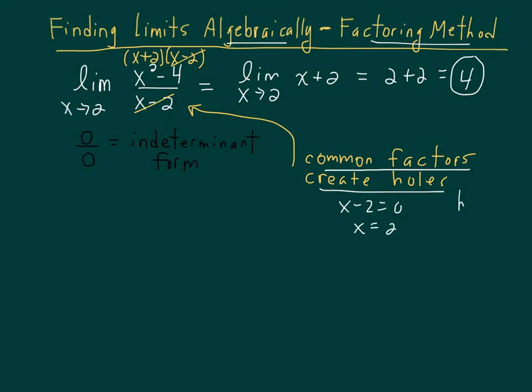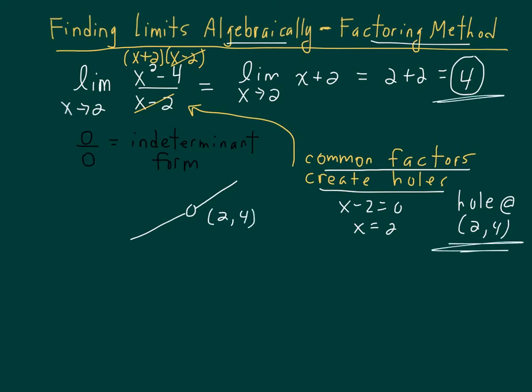So we say that we have a hole at (2, 4). Recall that when we graphed this earlier in the other video, we said that the hole was at (2, 4). Now, that's the location of the hole. The limit is just 4. Remember, a limit is a y value.